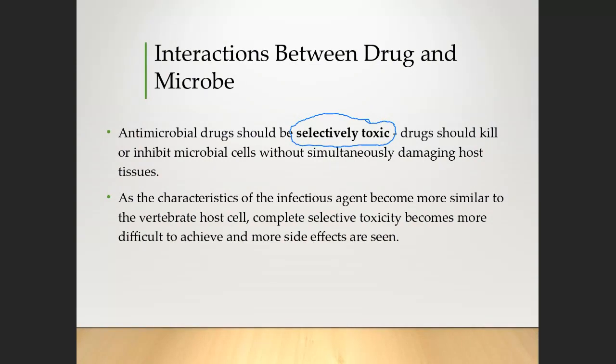But it's going to be more difficult for infection that is caused by microorganisms that are very similar to human cells. Like, for example, if it is caused by fungi, protozoa, or worms, it's going to be more difficult to find selectively toxic drugs.